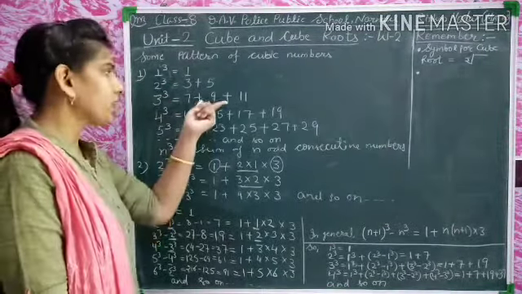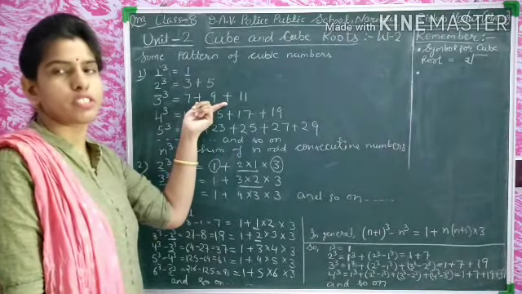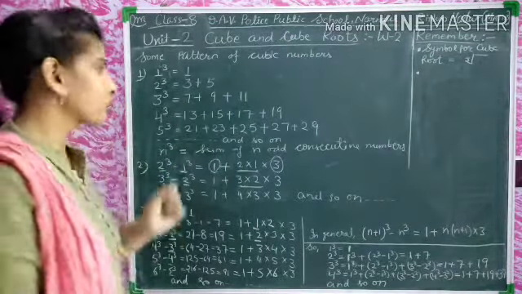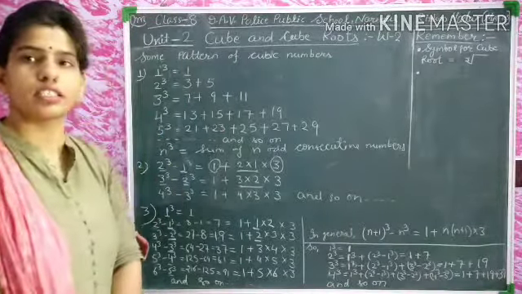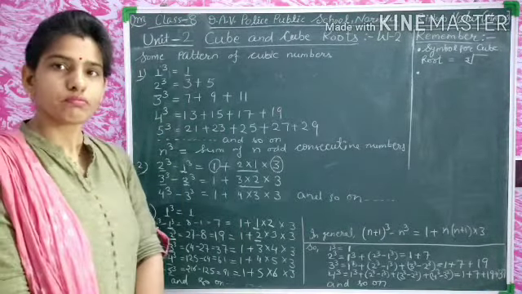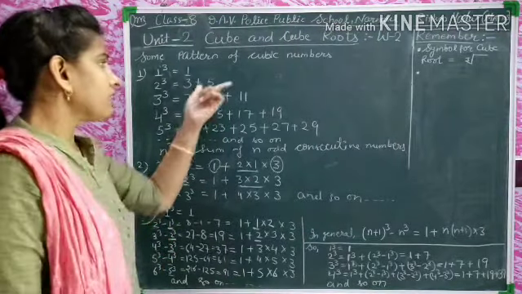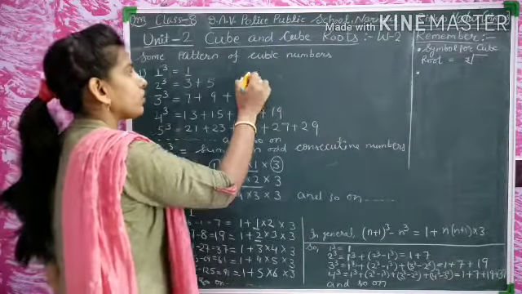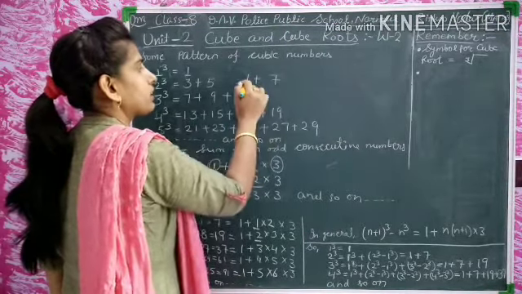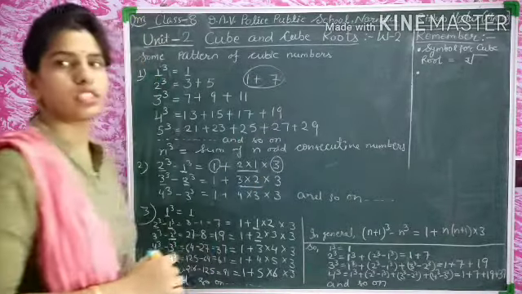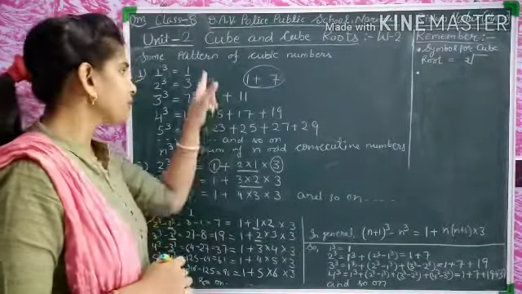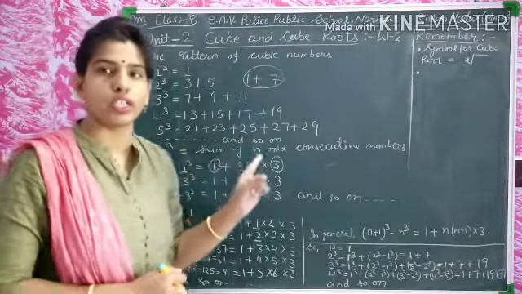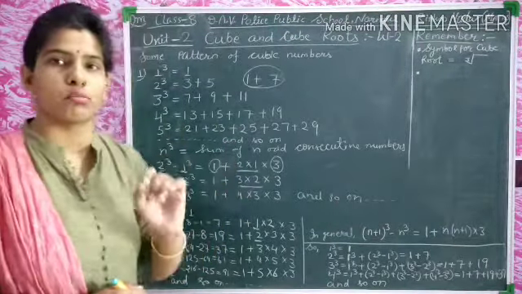Going back to 8, there is also 1 plus 7, but these are not consecutive odd numbers. So we take only consecutive odd numbers.